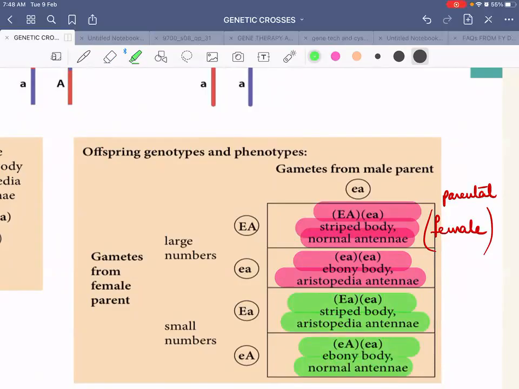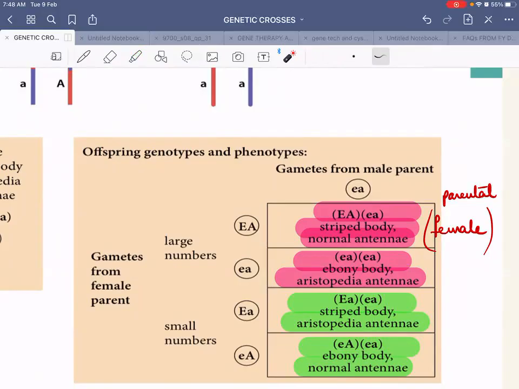Over here, you have capital E, small e, capital A, small a. And here we have small e, capital A, and small e, small a. So these are 2 completely different varieties, okay? Which is striped body and aristopedia antennae, this one. And the second one is an ebony body and normal antennae. So ये बिल्कुल different variety है.